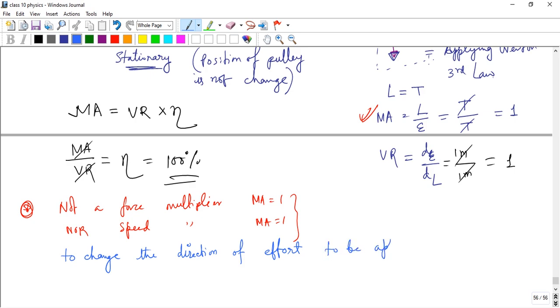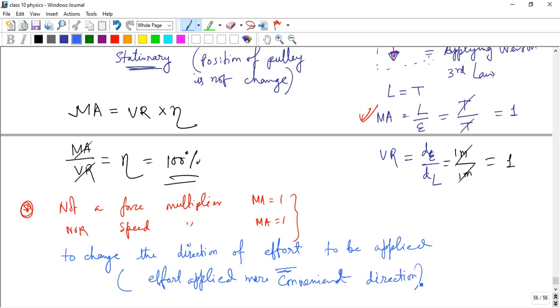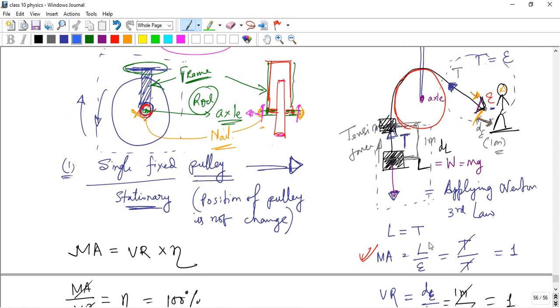Effort is also a force. The effort can be applied in a more convenient direction. Clear? So see the diagram here.